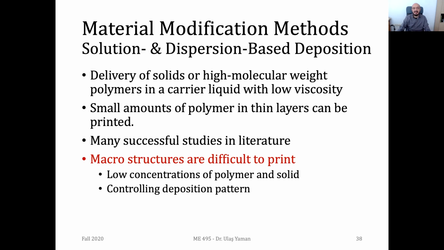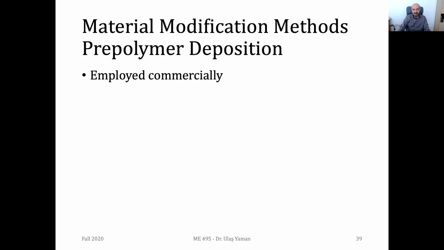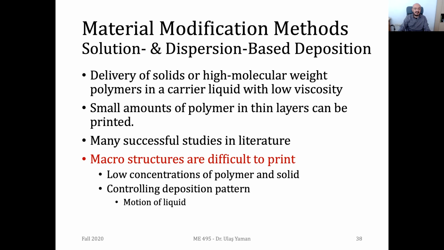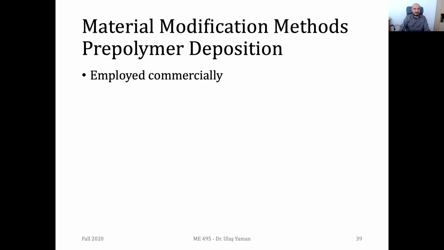Another issue is that controlling the deposition pattern is quite difficult, since the motion of the liquid will affect your resolution and quality a lot. You need to spend more time and more money on the machines to produce larger products with this technique.